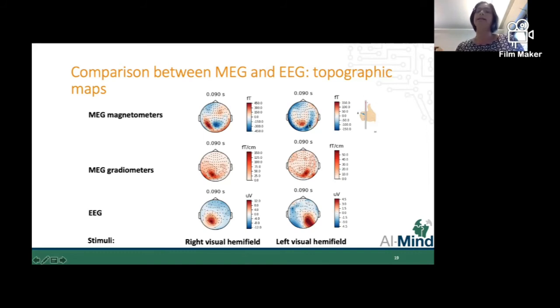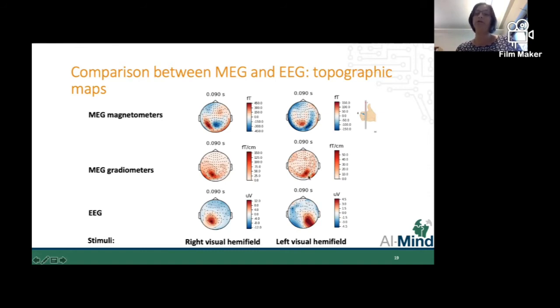Now we can see immediately from these topographic plots where the signal is coming from. So remember the right-hand rule for MEG. The current flows in the direction of the thumb and the magnetic field around it. So we can immediately see from the magnetometer maps that the current would be situated between the two extrema here in the back of the head.